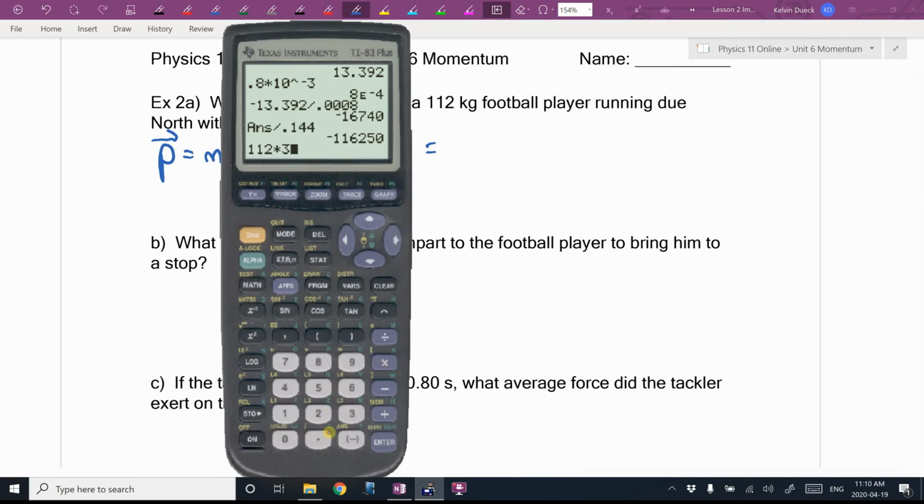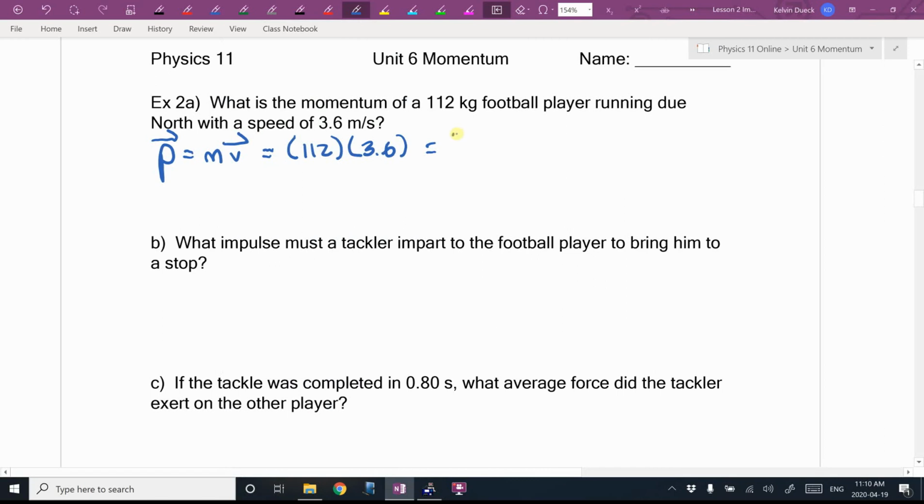I get 403.2. I'll keep all the sig figs this time. The units would be kilogram meters per second. If you want me to add a direction, it looks like north.